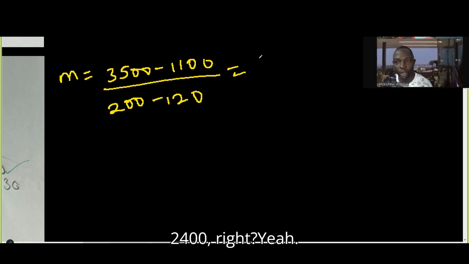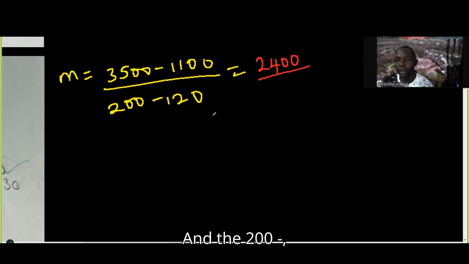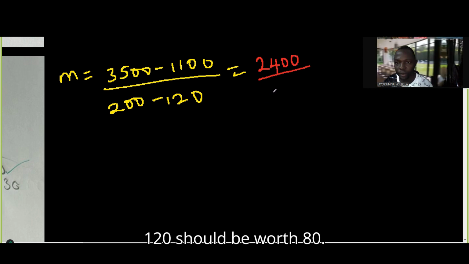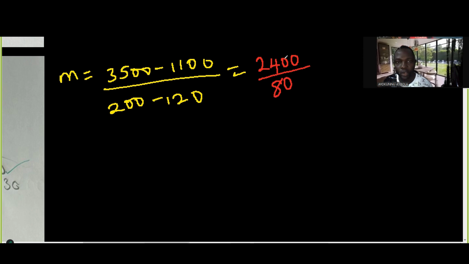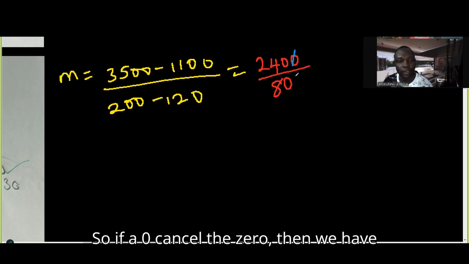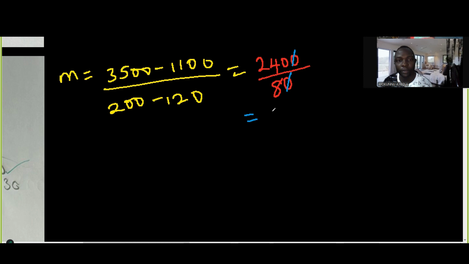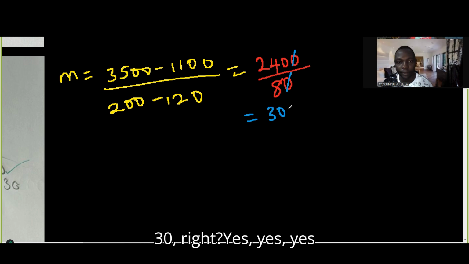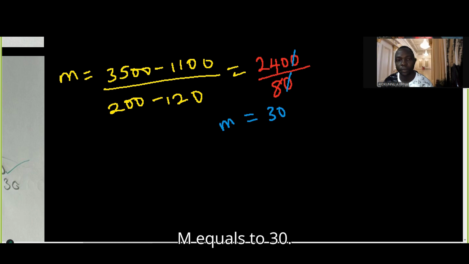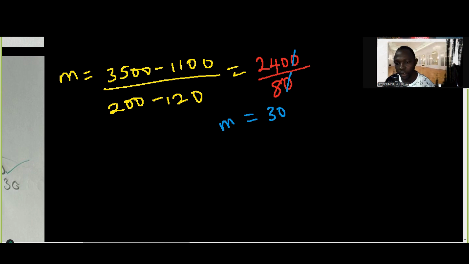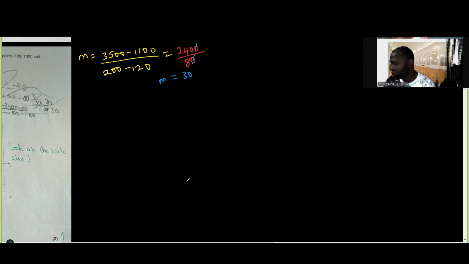That should be 2400, right? Yeah. And 200 minus 120 should be what? 80. So if a zero cancels a zero, then we have 30, right? Yes. M equals 30. Yeah, so that's one about it.